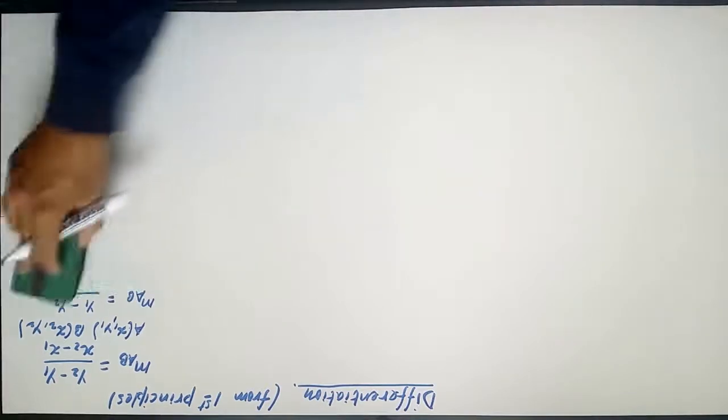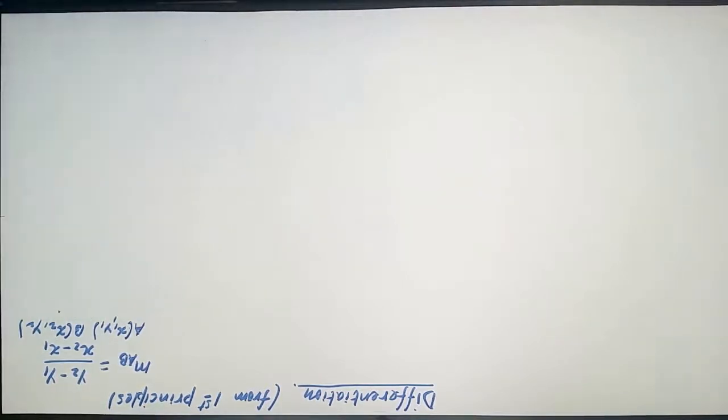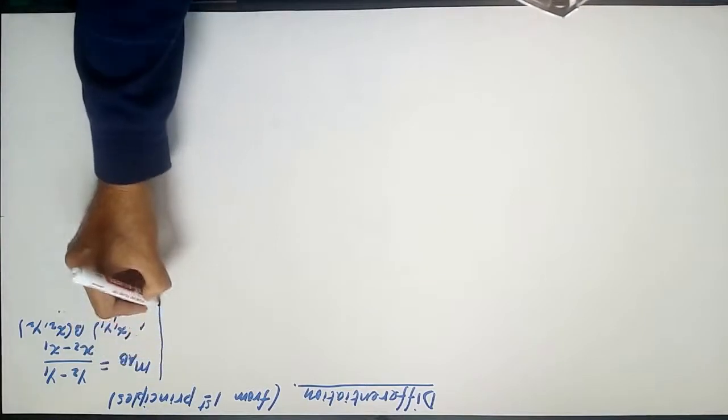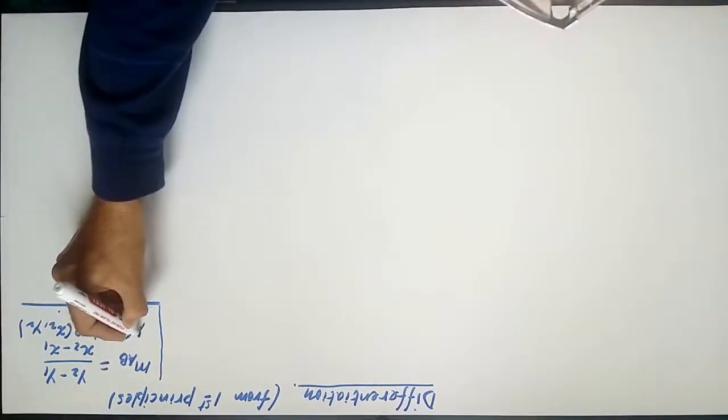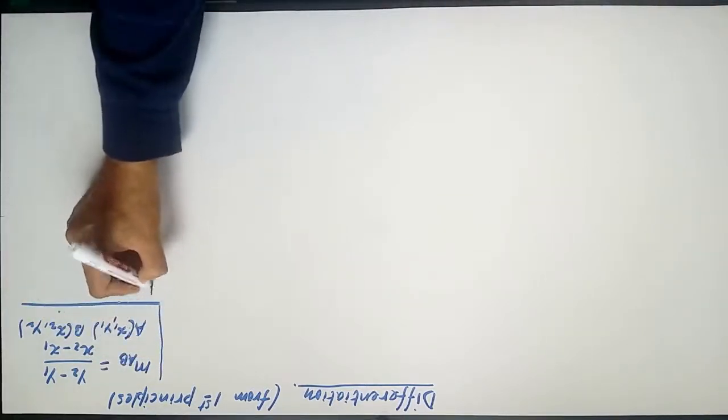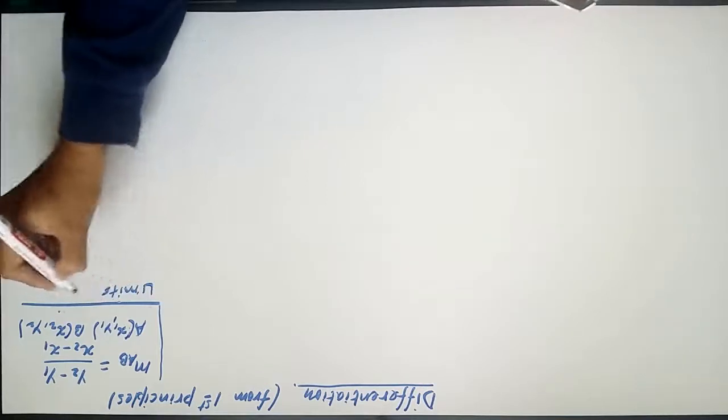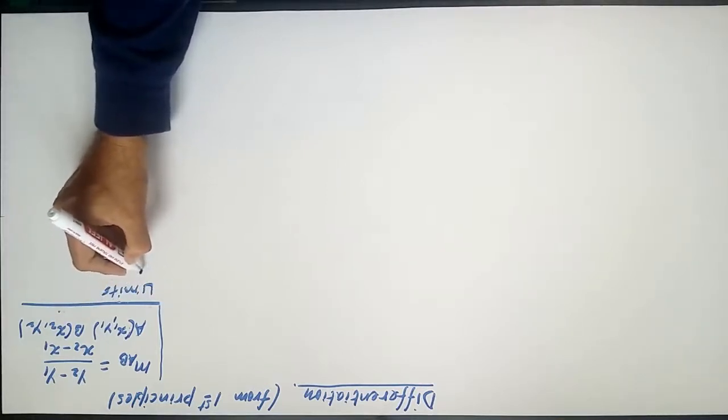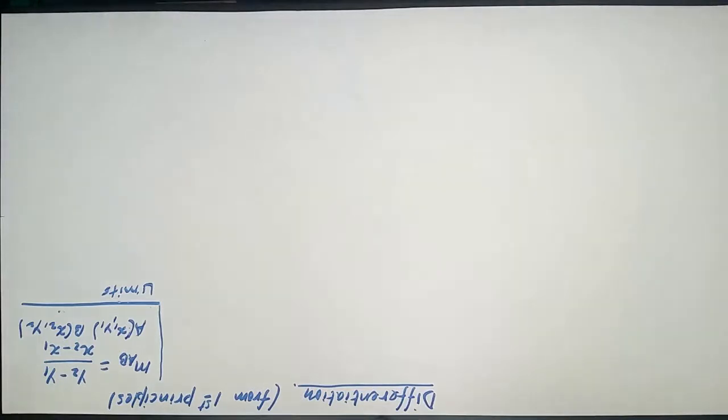So for the moment, we will take this concept of the straight line. We also came across the concept of limits, and the third one is the tangent at any point. The gradient of the tangent at any point on the curve is what we are going to find out.